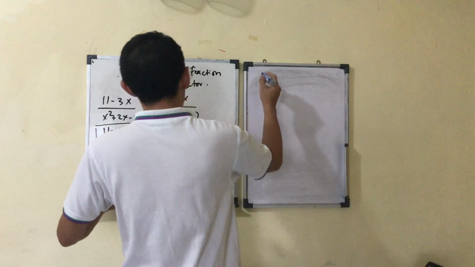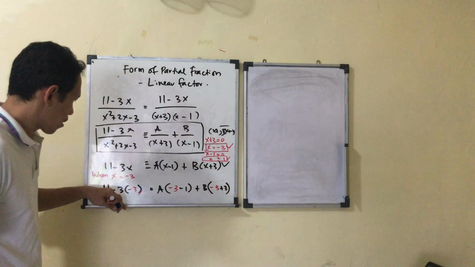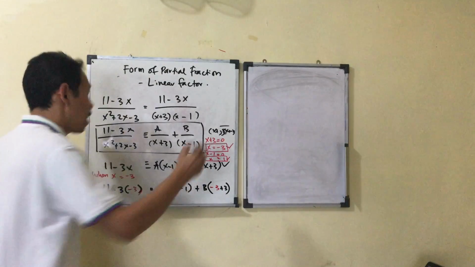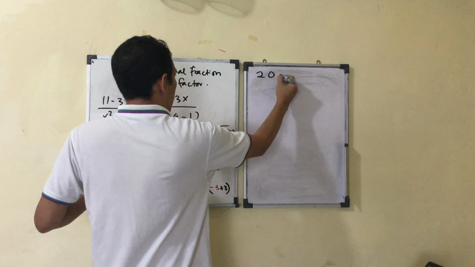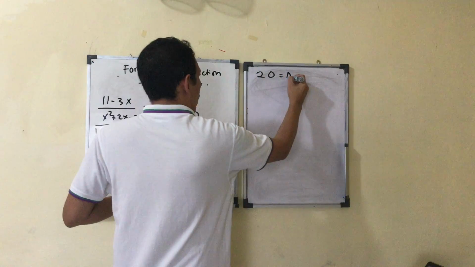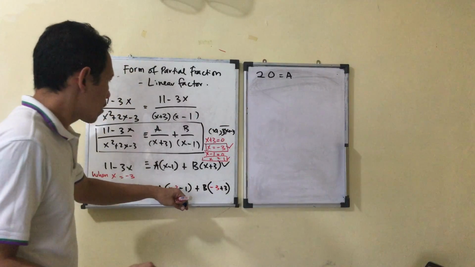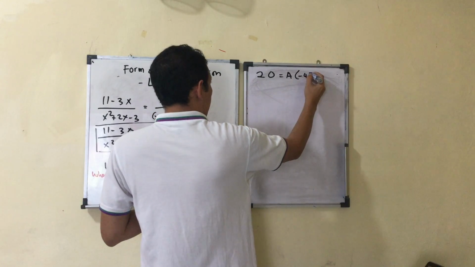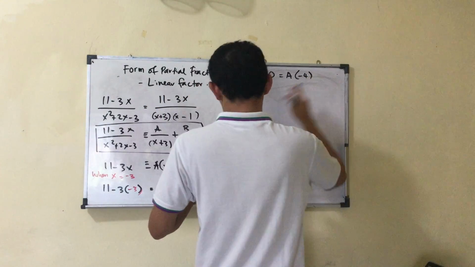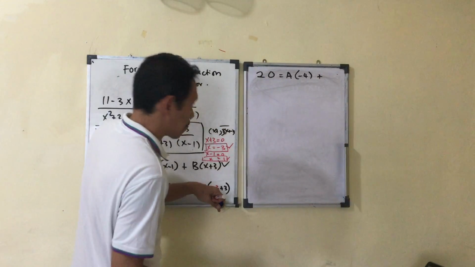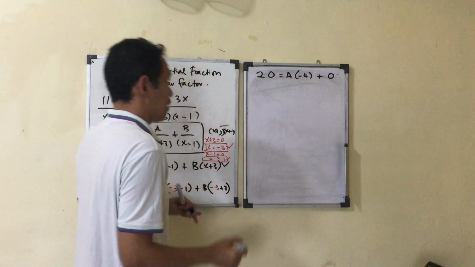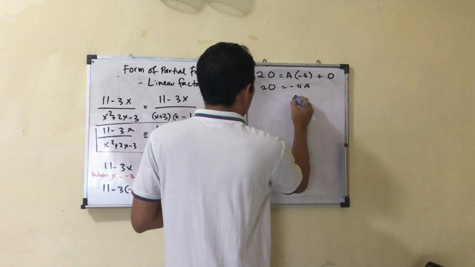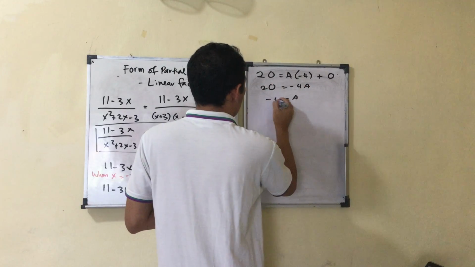So 11 plus 9, what is 11 plus 9? It should be 20, equal to A times negative 4, and this one becomes plus B times 0. So we have 20 equal to negative 4A. So A is equivalent to 20 divided by negative 4, which is negative 5.